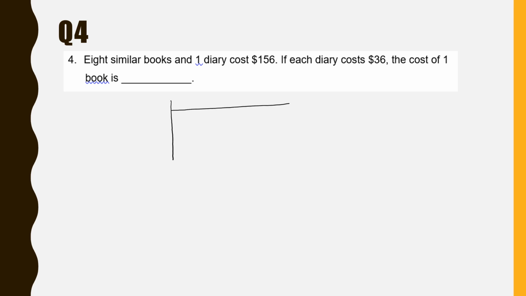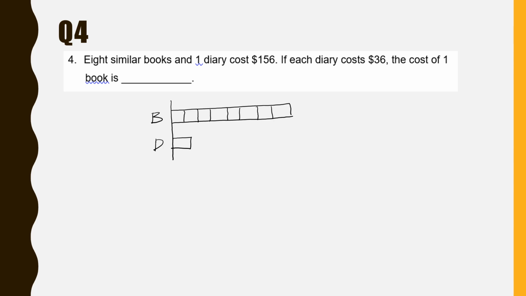So I'm going to draw the bar with 8 similar books. One, two. Sorry, try to make sure that your bars look similar. These are the books. And then the diary, you don't know how much. So I'm just going to draw a bar that is not the same as the one on top.